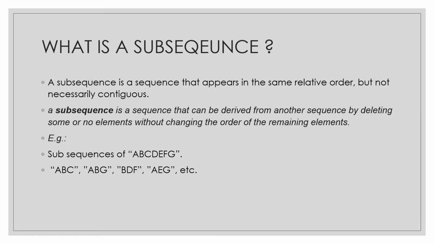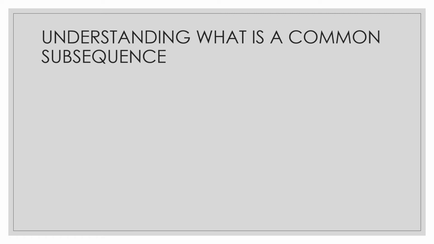So this is clear to us. Now recalling our 12th class concepts of permutation and combination, a string of length n will have 2 to the power n different possible subsequences.